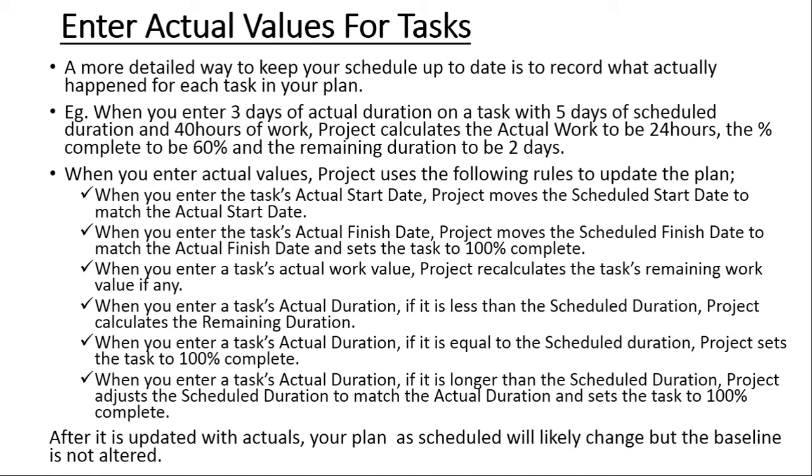When we enter the actual values, the program uses the following rules to update the plan. So when you enter the actual start date, MS Project will now move the scheduled start date to match the actual start date. So if we had said on our plan that the project is starting on the 1st of November, then we come and record the actual start date as the 2nd of November.